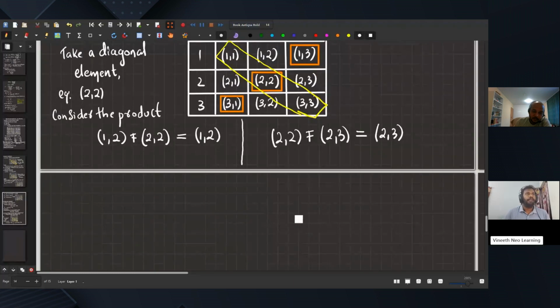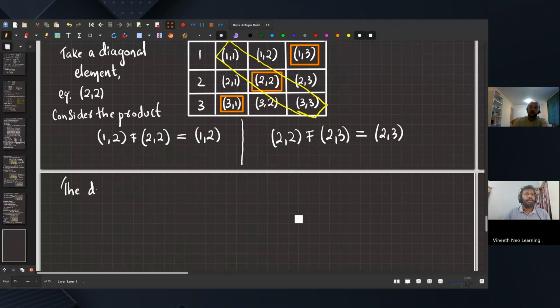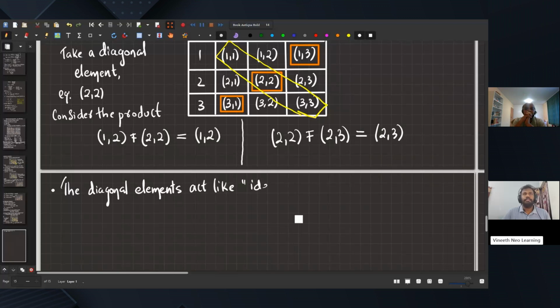So that's our third property. Isn't it interesting? The diagonal elements act like identities.